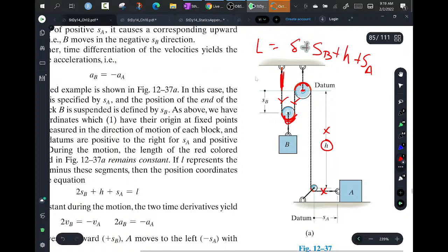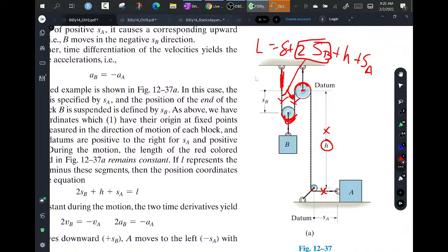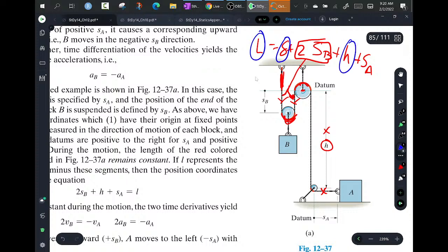The reason I put down 2 is because there's a length there and a length there. Now, if you take the derivative, you find out the ones that don't change are this one, and actually that one doesn't change. That one's fixed too. So technically, you could have included that H in here, but he's given us that dimension.